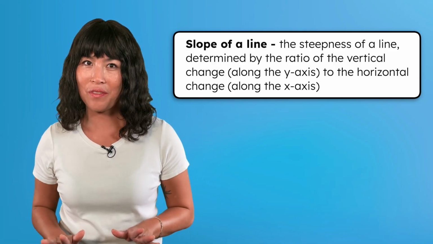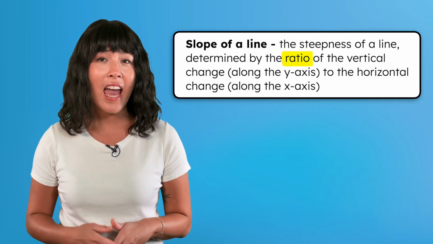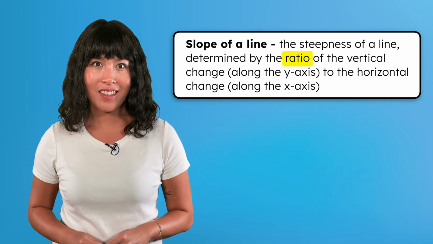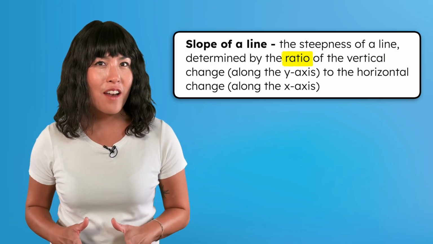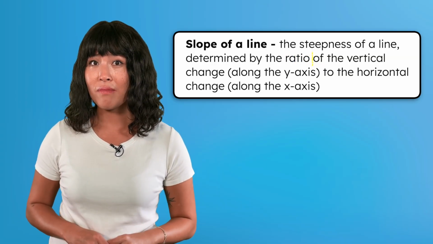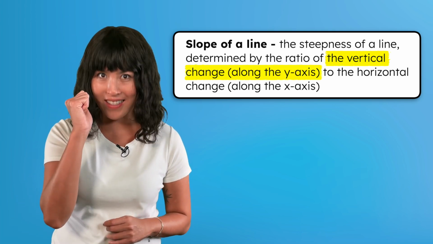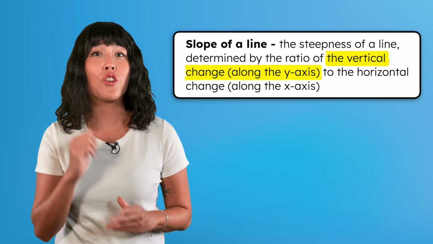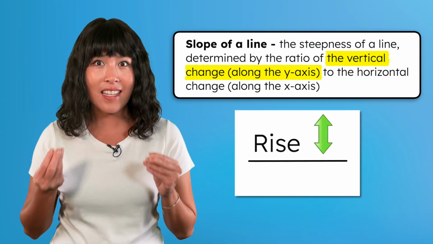Let's break that down. A ratio, well, that's also known as a proportion and can be written as a fraction. So, slope is a fraction. Okay, and in that fraction, there's two parts. The first part is the vertical change along the y-axis. Vertical is up and down, so the numerator of our fraction is how quickly the line rises up.